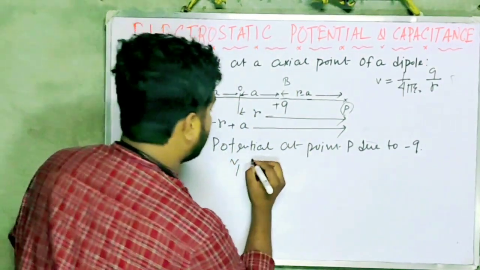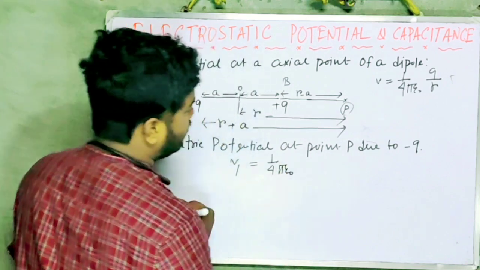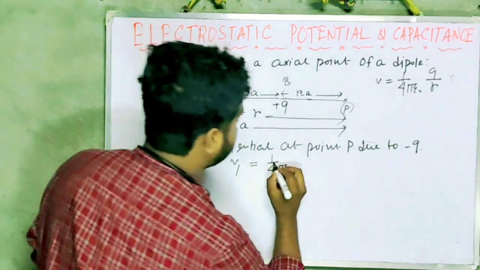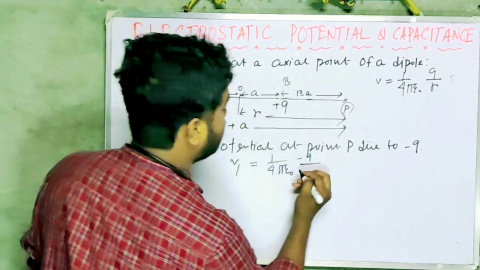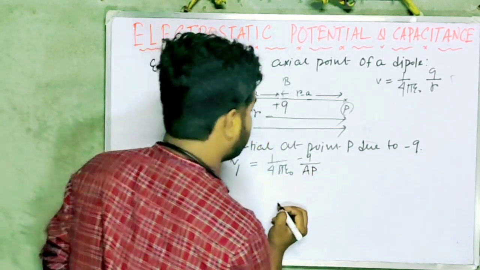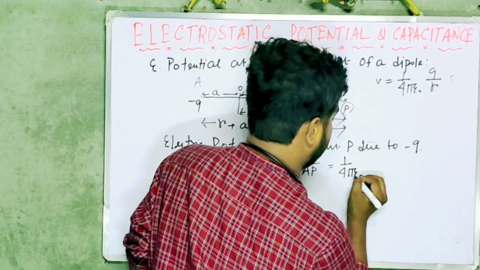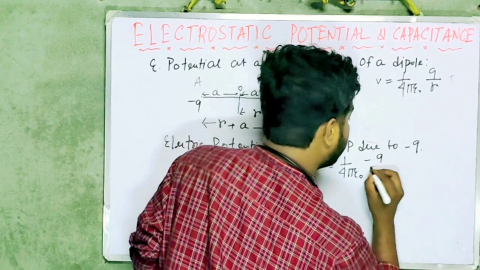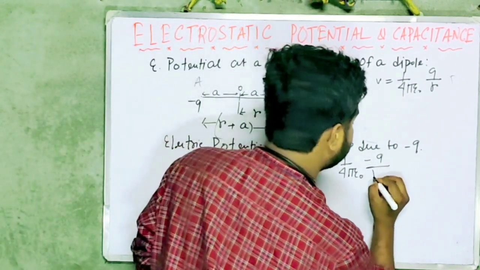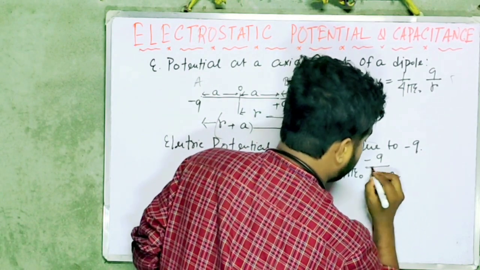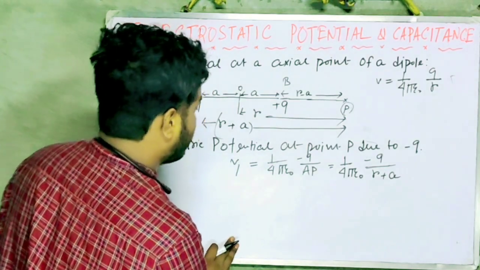So V1 equals 1 by 4 pi epsilon naught, the charge minus q, and the separation AP. And what is AP? That is r plus a. So V1 equals 1 by 4 pi epsilon naught minus q by r plus a. And we learned that electric potential is a scalar quantity, so it has no direction.